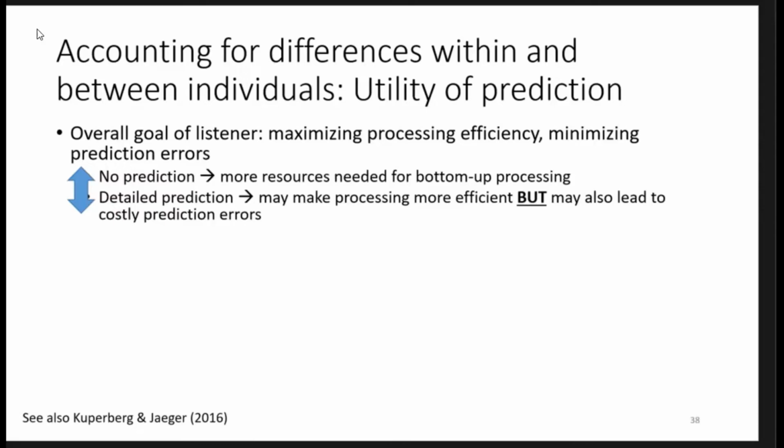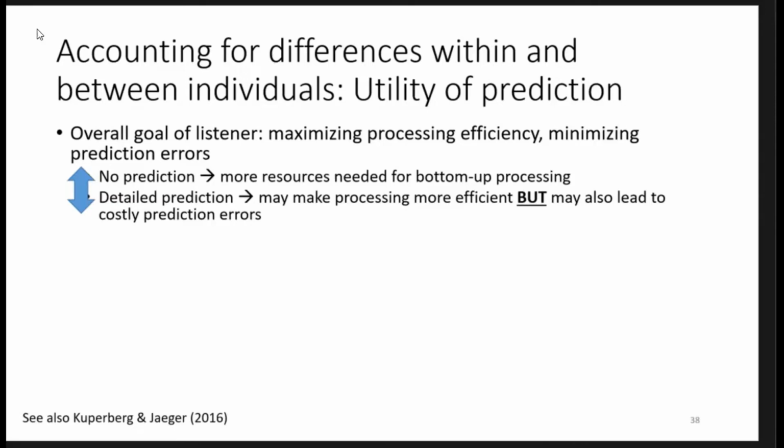On the other hand, if you make detailed predictions, that might be costly too, because you can make errors, and errors are costly. Also, I think Kuperberg and Jaeger also associated cost with prediction itself, so metabolic cost, but I'm not sure whether you need to assume that. But anyway, there's a trade-off between predicting and not predicting.